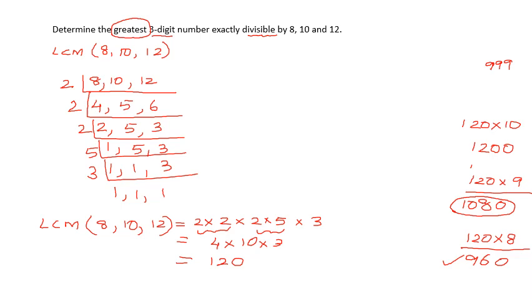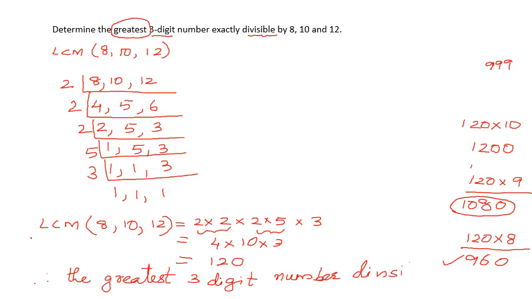Okay, so we can write here, therefore, the greatest 3-digit number divisible by 8, 10, 12 is 960. Got it?